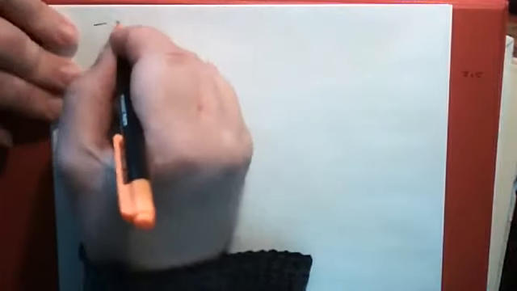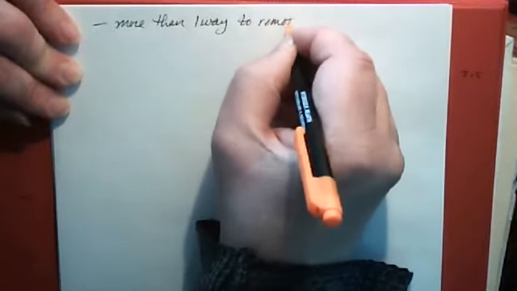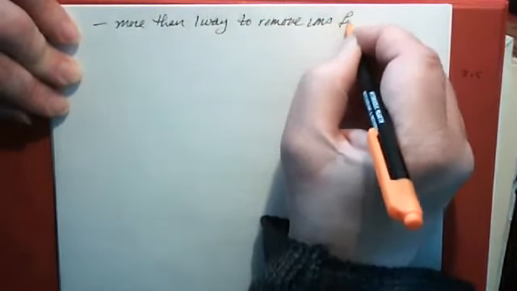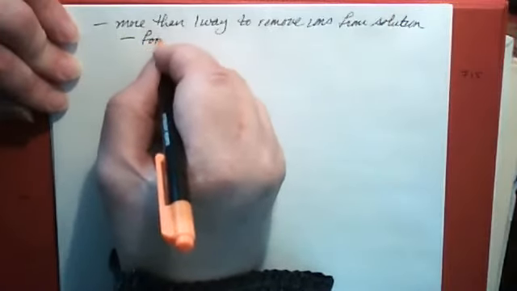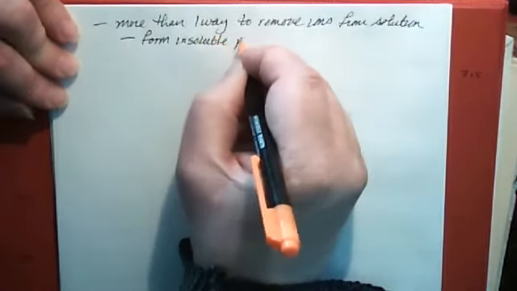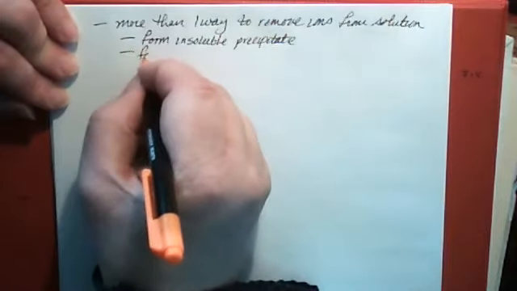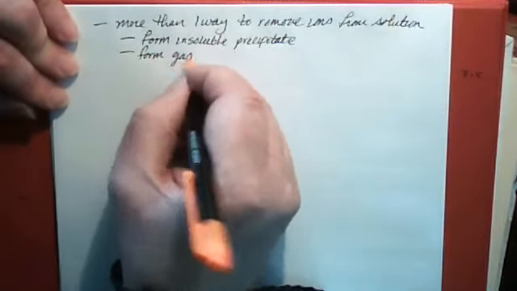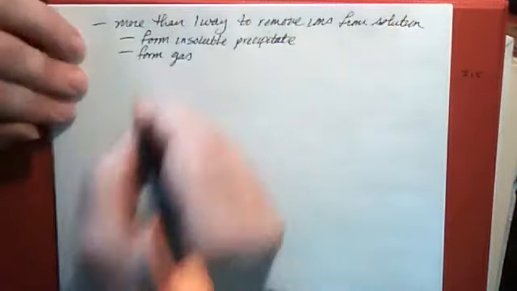One way is to form a precipitate. But another way would be to form a gas, which bubbles out into the air and gets lost from solution.